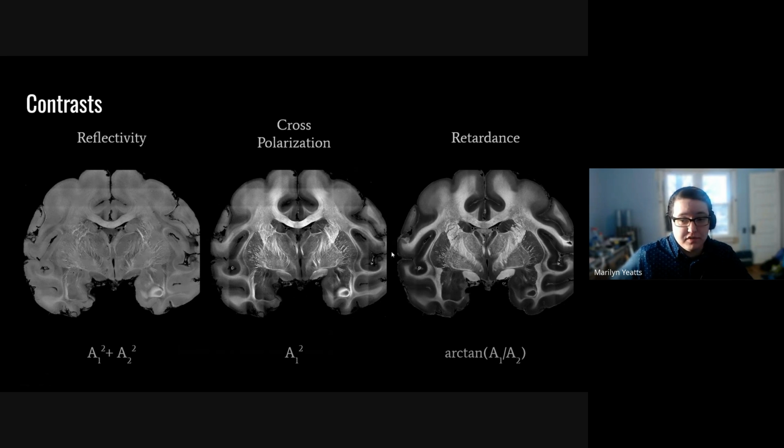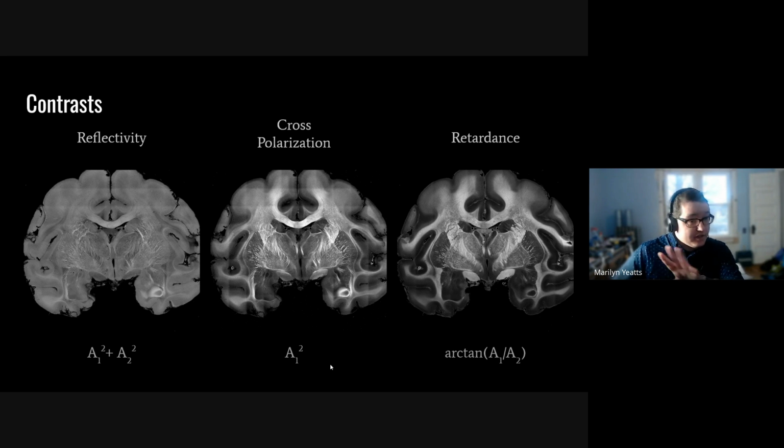And you can see in both of these images that this structure right here is the internal capsule. It's highlighted as white because it is in fact highly white matter concentrated. You can also see the corpus callosum right here. You see it in both. These two both highlight birefringence, but in slightly different ways based on their calculation. But fundamentally, they're both highlighting white matter.